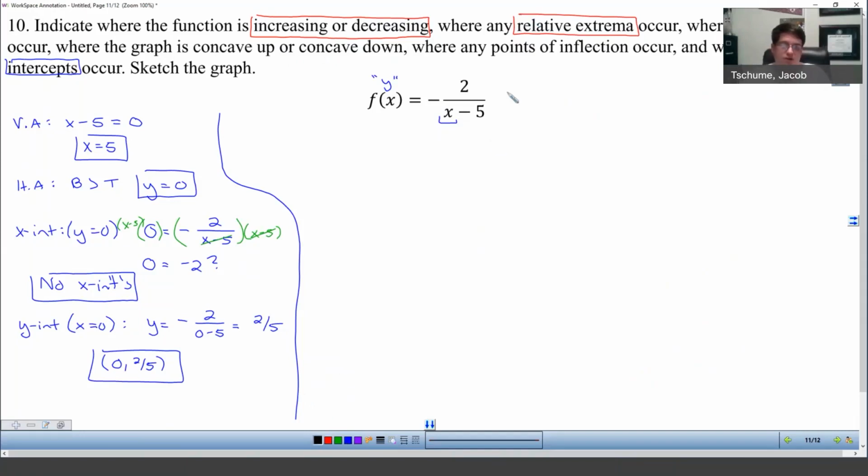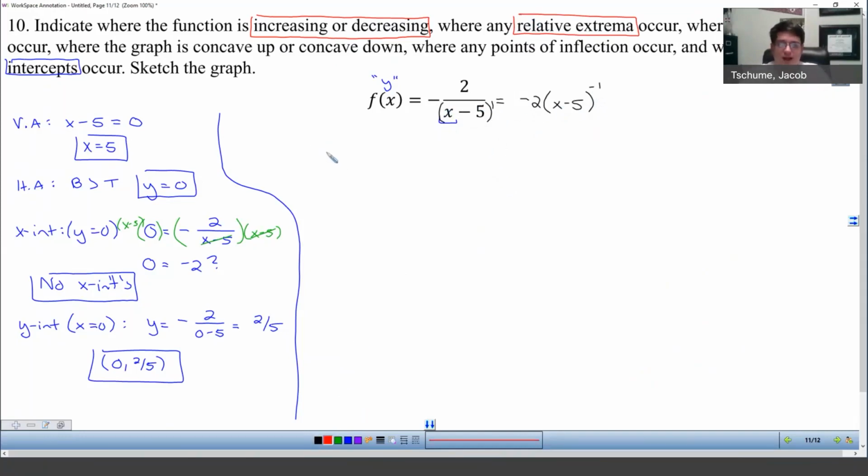Now, I know I've done this with quotient rule in the past, but just to show you a different way of doing this, I'm going to think of this x minus 5 being raised to the first power, and I'm going to rewrite this as negative 2 times x minus 5 to the negative 1. That way I can apply the chain rule instead.